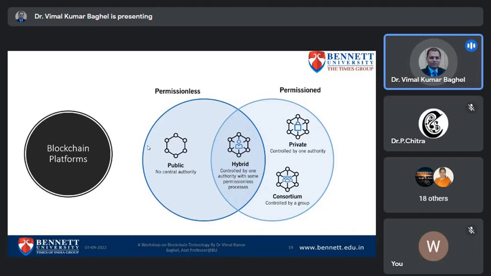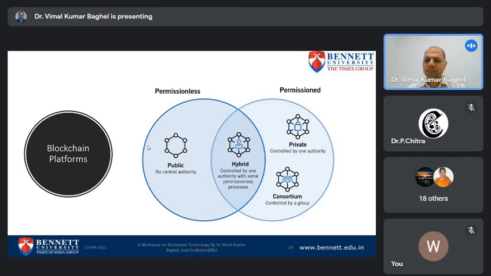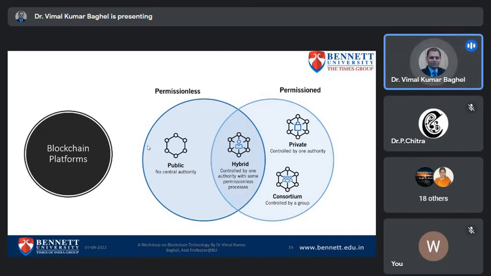We also have hybrid, in which some part is public and some part is private. So there is a blockchain which does not require control by a single or central authority, but overall there is some part which requires authentication or permission from the central authority.